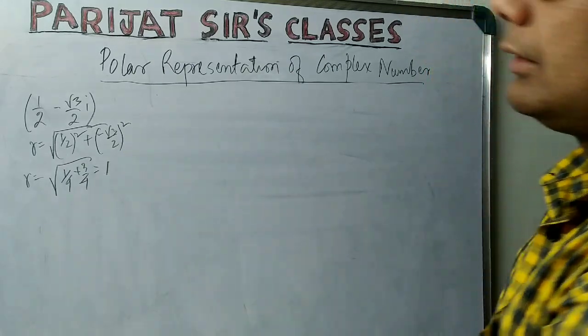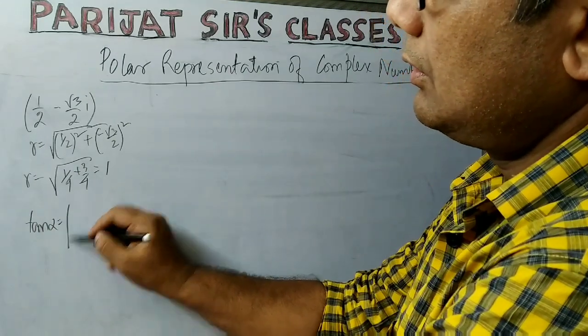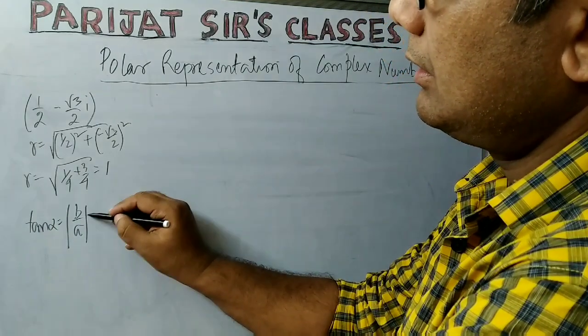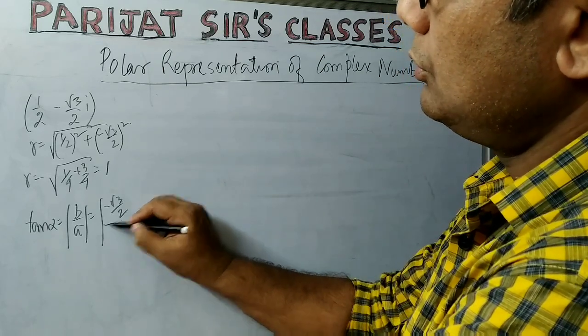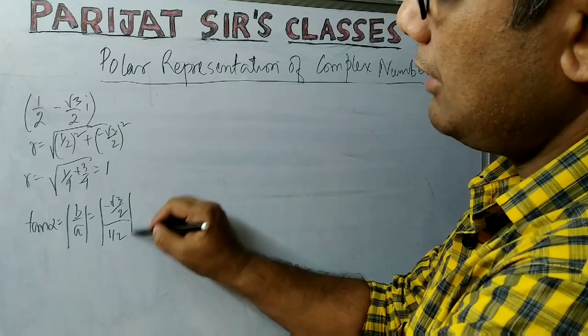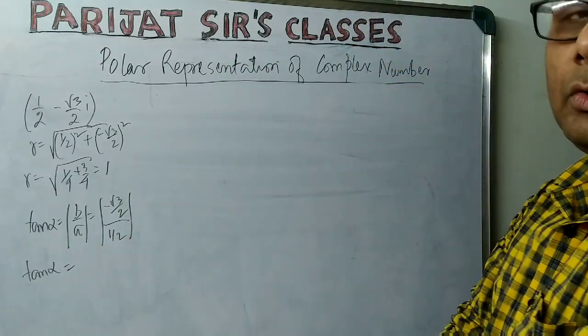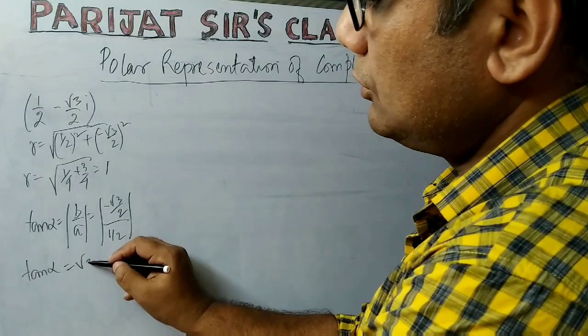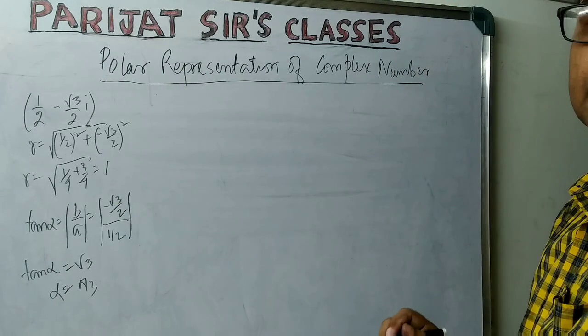So it's coming as 1. Similarly, tan alpha, which was b by a, will come out to be minus root 3 by 2 by half, and we know in a mod we don't take the minus, so it is root 3. So alpha is coming pi by 3.